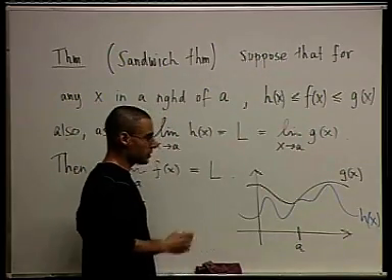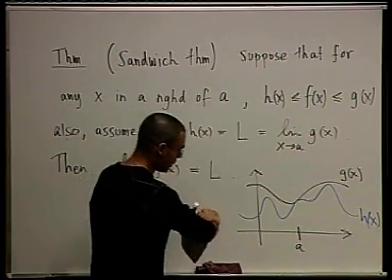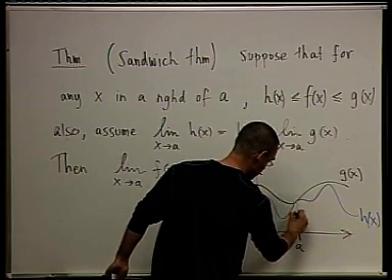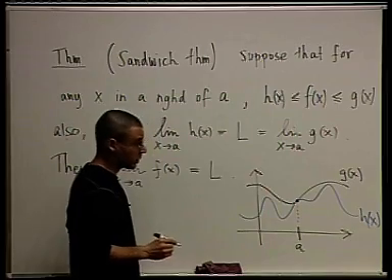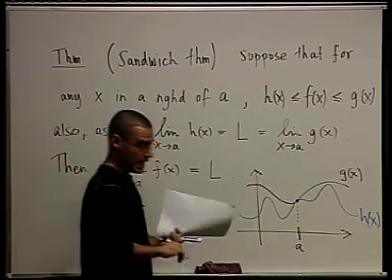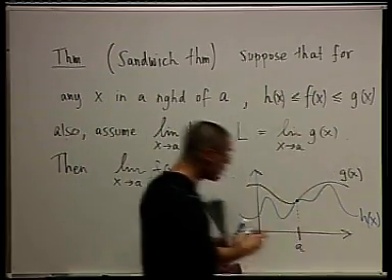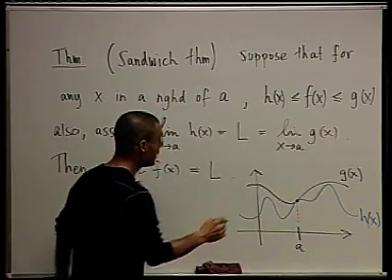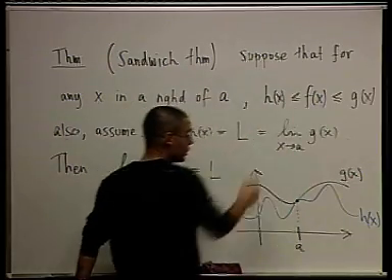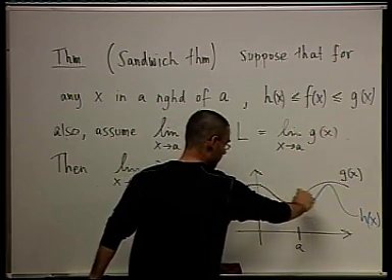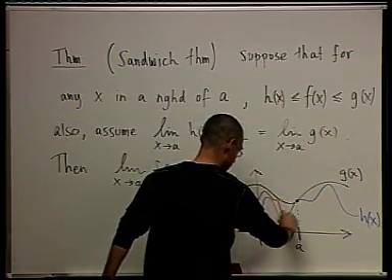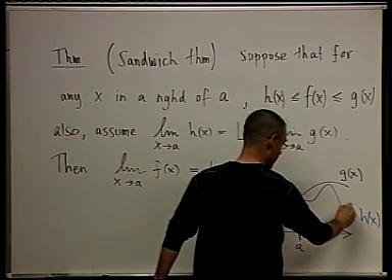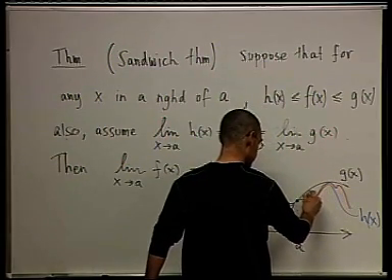Do you agree that this is the picture that I should expect for g and for h, right? And now what I'm told is that there is a third function, f. F is trapped between g and h, so it cannot leave this in-between region. So let me draw it in orange, something like this and something like this.